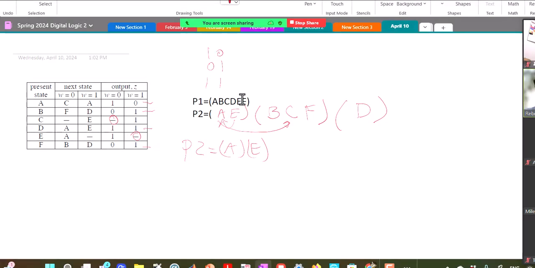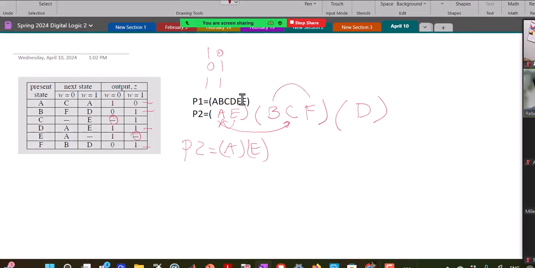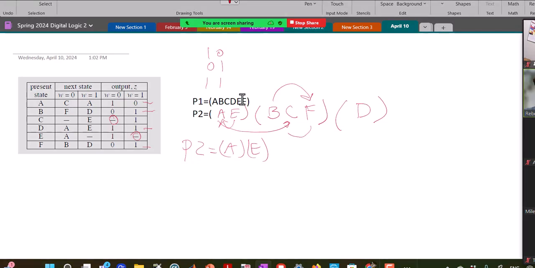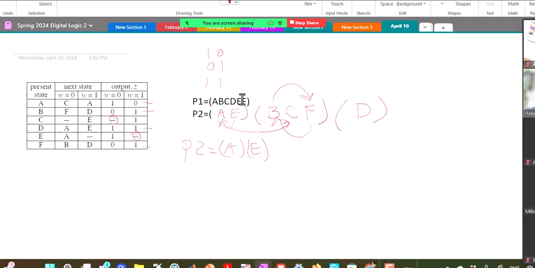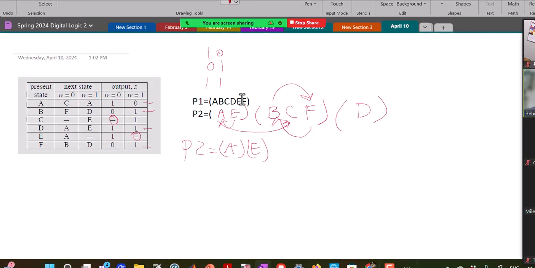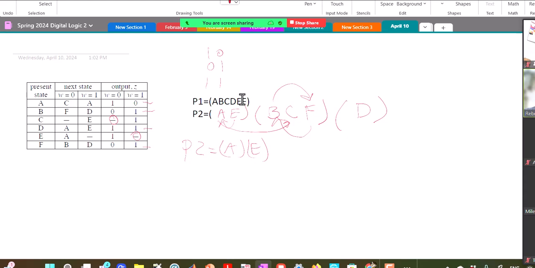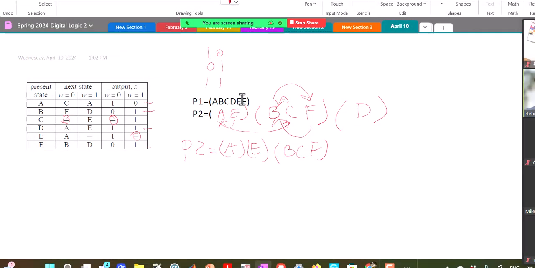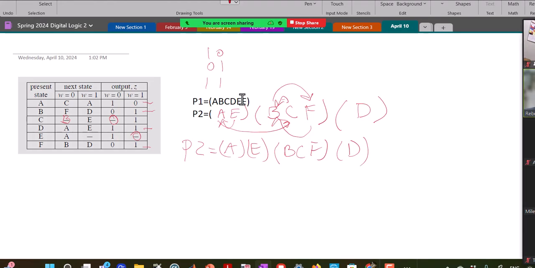And then B goes to F. C, let's come back to C. F goes to B. So in order to keep these together, because that would be your goal, to have as few states as possible, we'll let C go to B. So now that keeps them all in the same group. D's already by itself, so we don't need to check it.